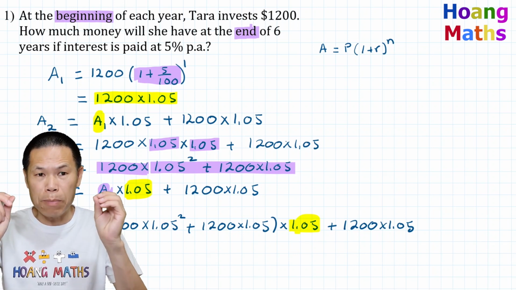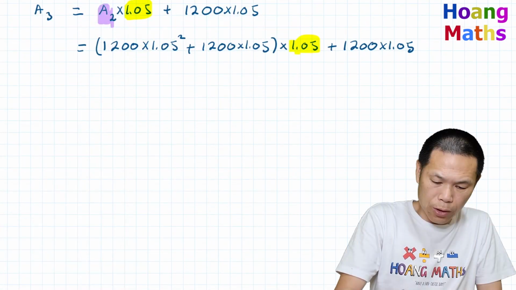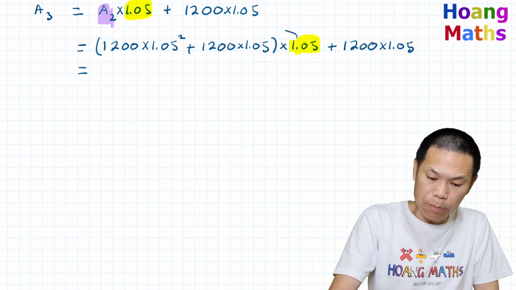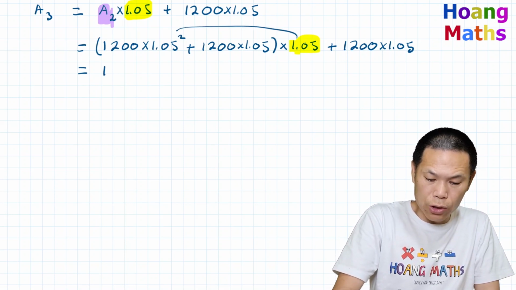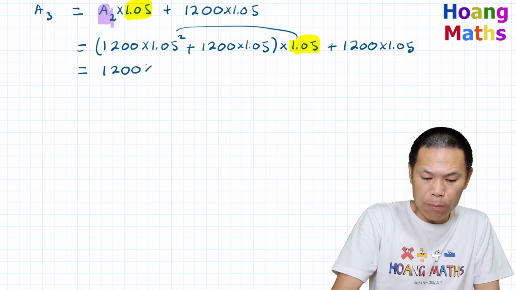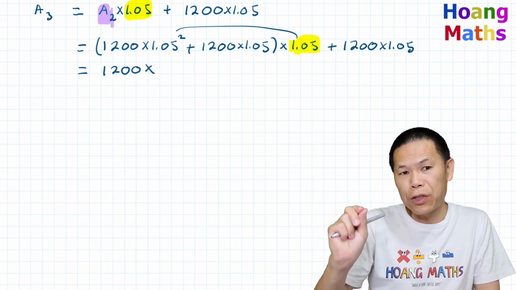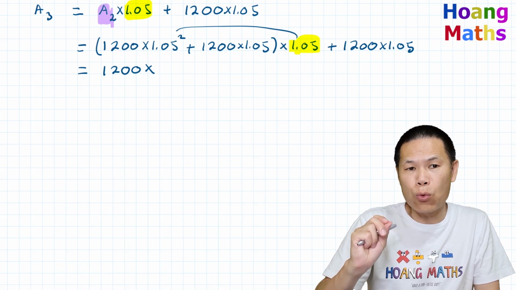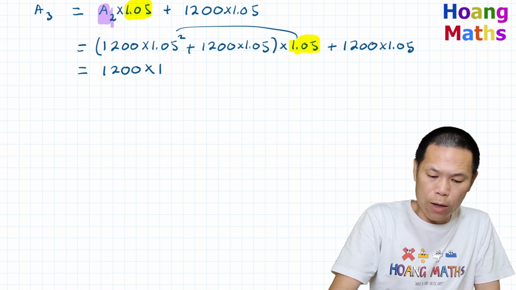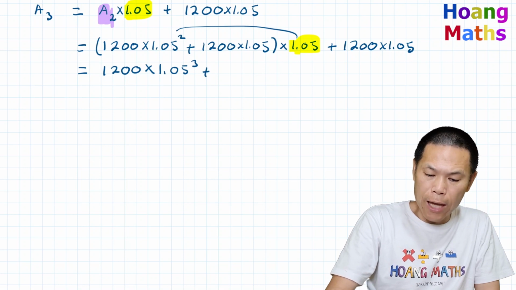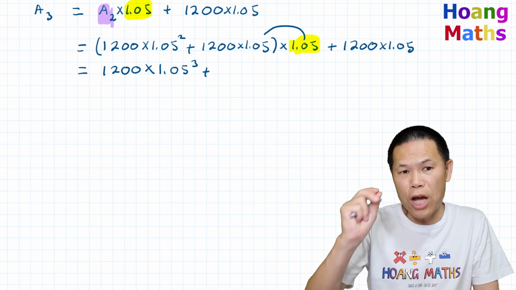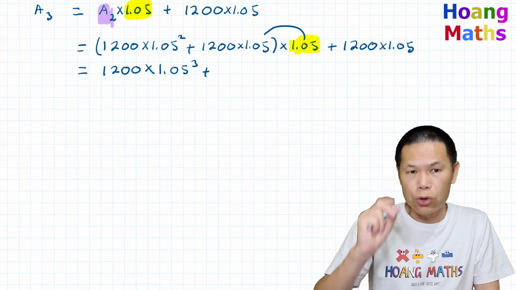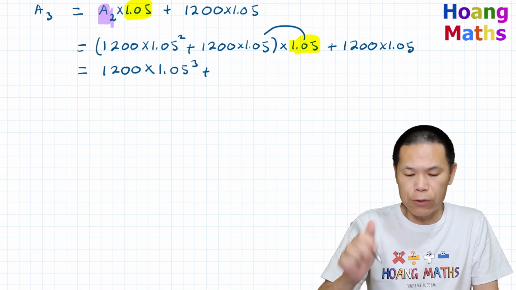So let me just expand this out. If I expand this together, this gives me 1,200 times 1.05 times 1.05 squared, which gives 1.05 to the power of 3. And we add, multiplying this together, 1.05 times another 1.05, so the answer is 1.05 squared.